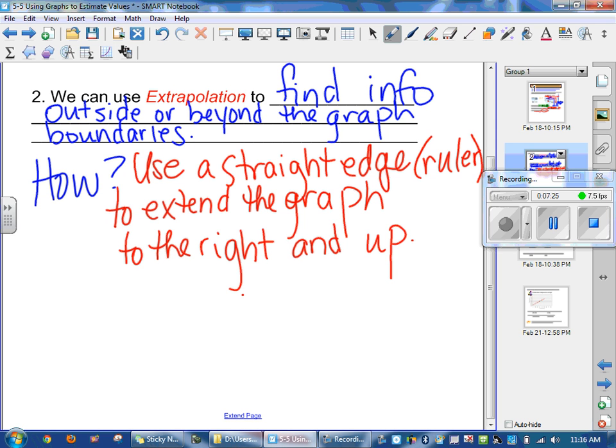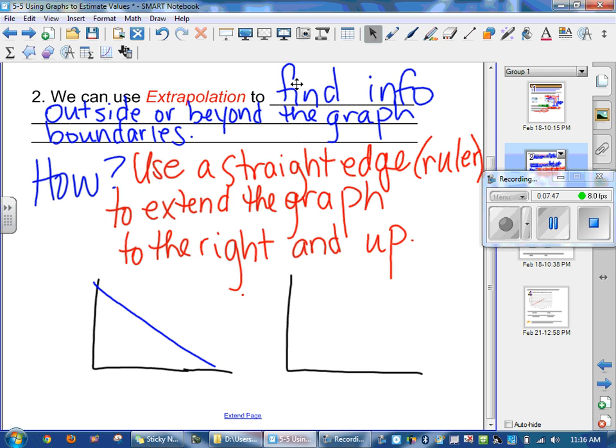So, okay, two different lines I've drawn for you.